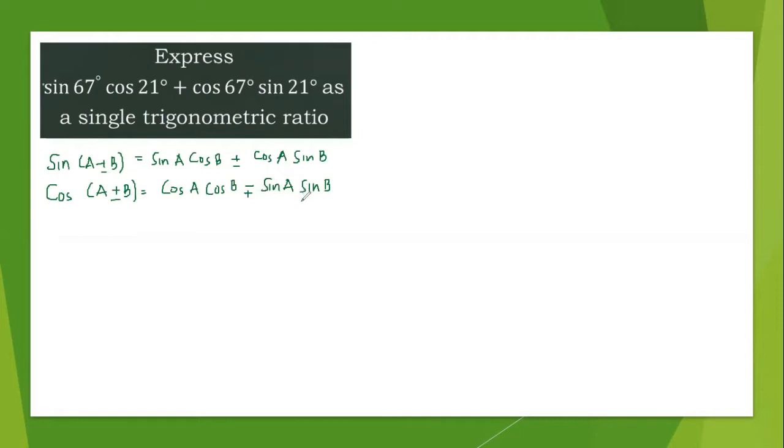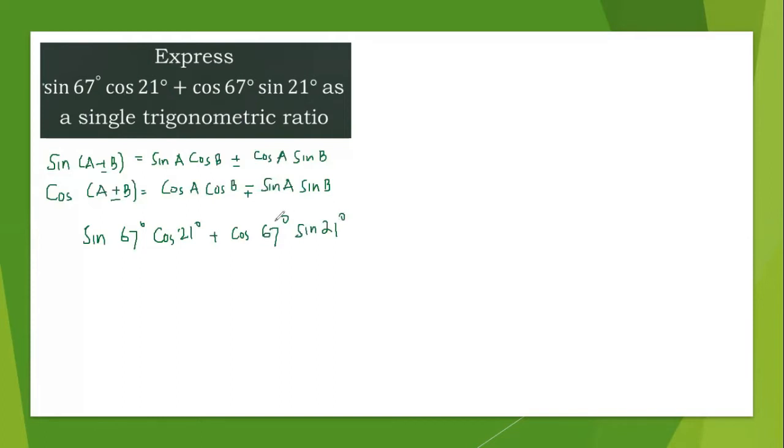The question is sine, cosine, cosine, sine. I think that's very simple, right? Sine 67 degrees, cosine 21 degrees, plus cosine 67 degrees, sine 21 degrees.